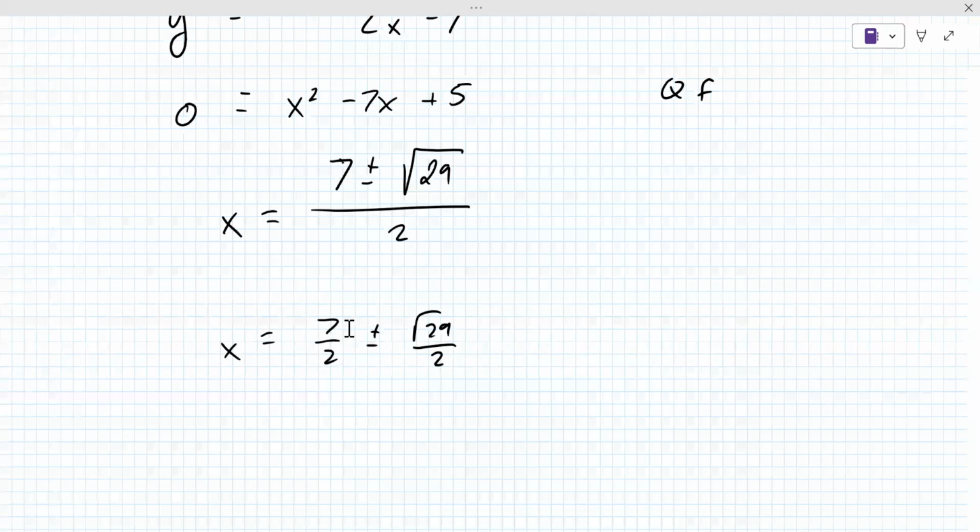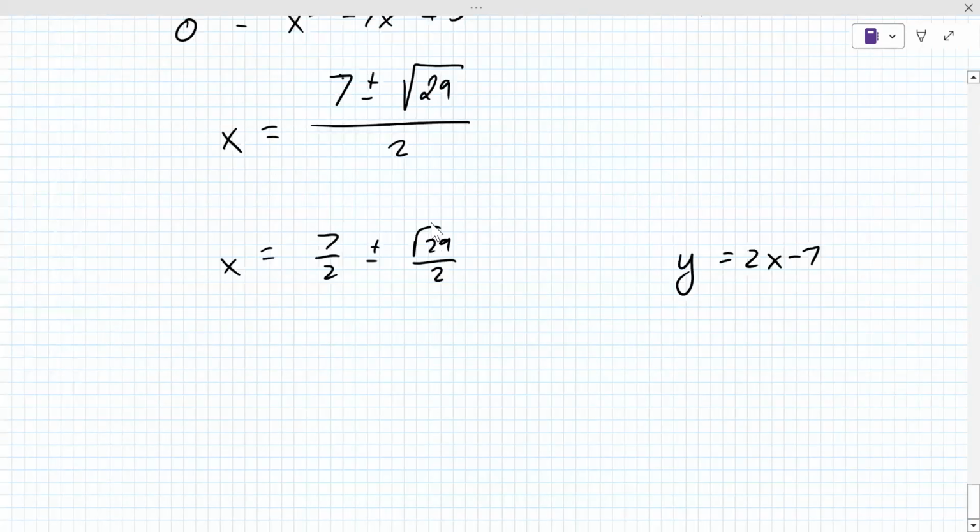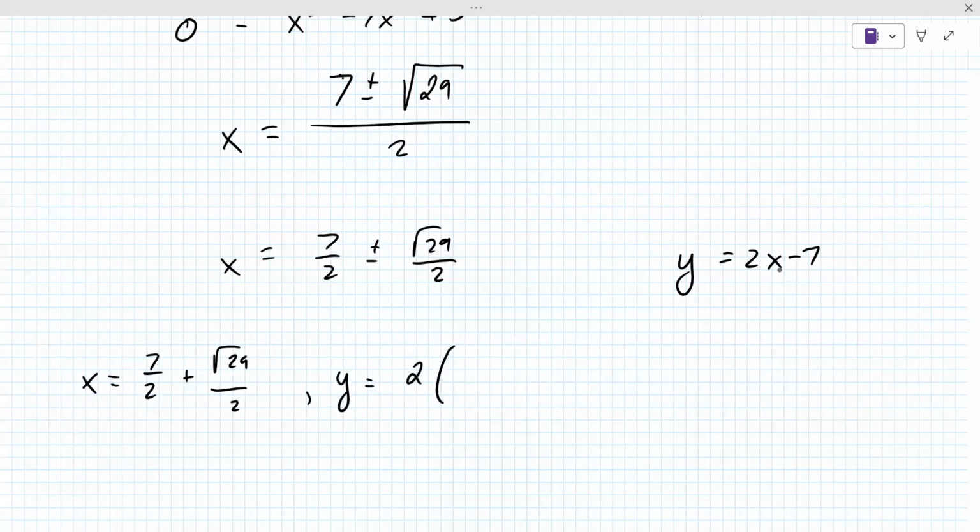Okay, now we're going to go back to the equation y equals 2x minus 7. And you have to take each solution and put it in here for x. Now it looks worse than it really is. Let's go 7/2 plus the square root of 29 over 2, comma, y equals 2 times 7/2 plus the square root of 29 over 2, like that, minus 7.